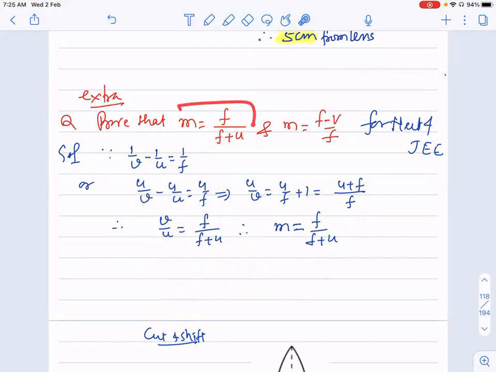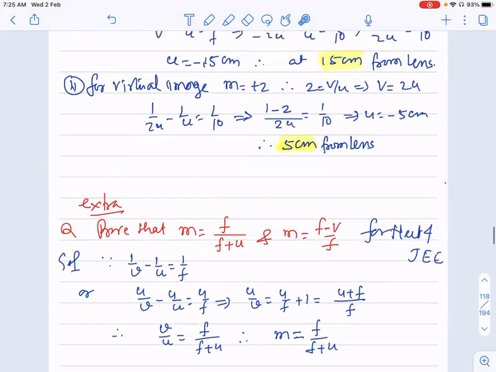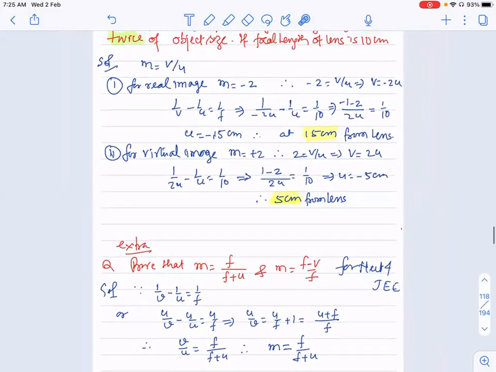तो दिस इज द अदर फार्मूला. इससे भी निकाल सकते हैं हम यहाँ पर. ये m इज इक्वल टू 2 पुट कर दो, सॉल्व करो u आपका, और f 10 पुट कर दो, u 15 आ जाएगा. यहाँ पे m प्लस 2 पुट कर दो तो u 5 आ जाएगा.